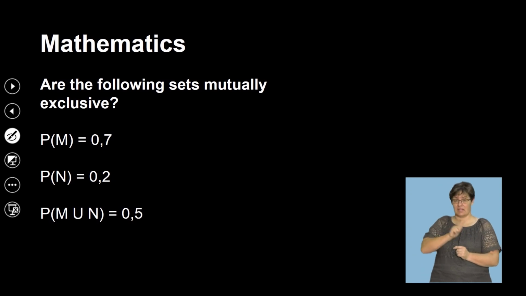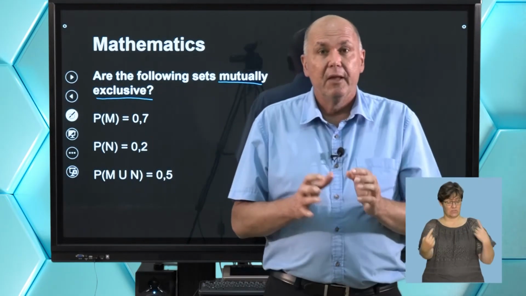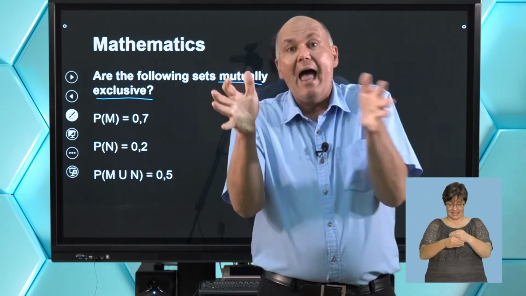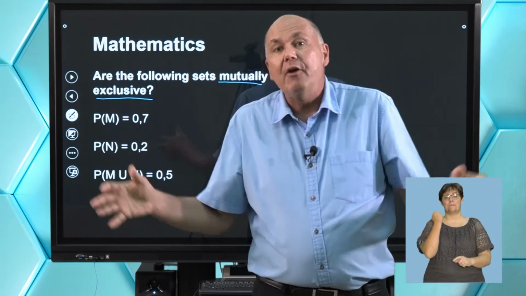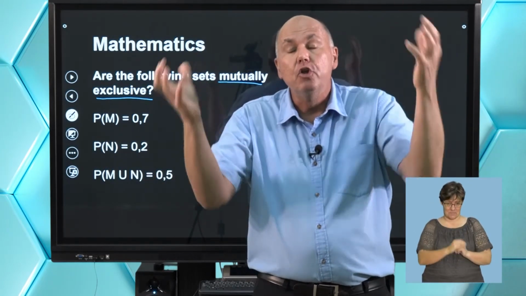And this problem says to us the following things. Are the following sets mutually exclusive? We know if they are mutually exclusive, then we can take the probability of each of them, add them to each other, and we would find the probability of the union.